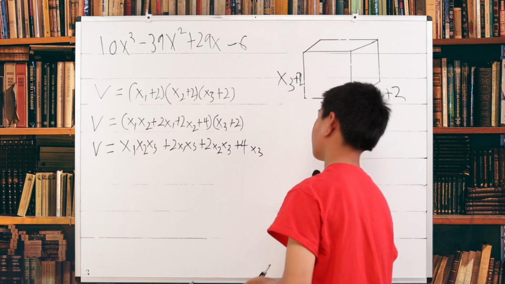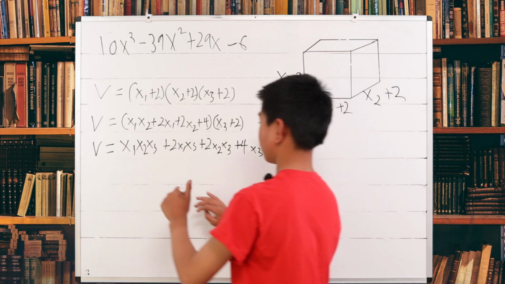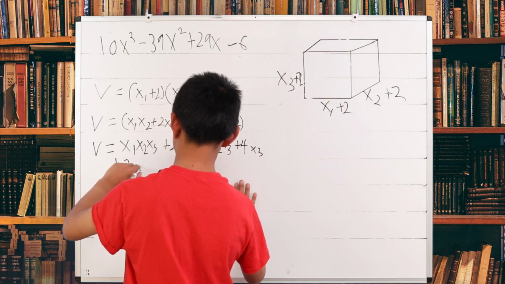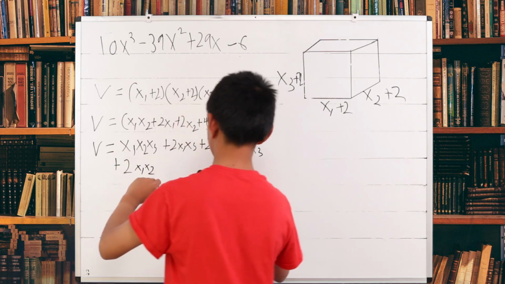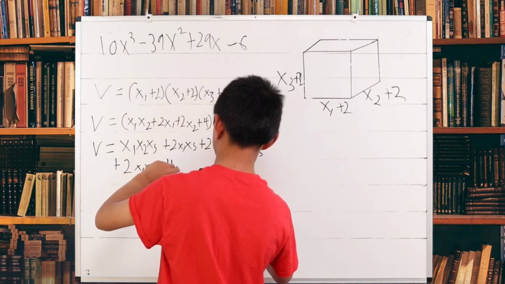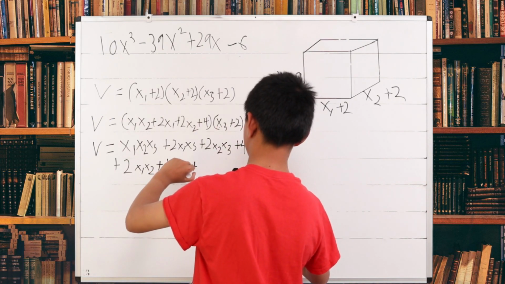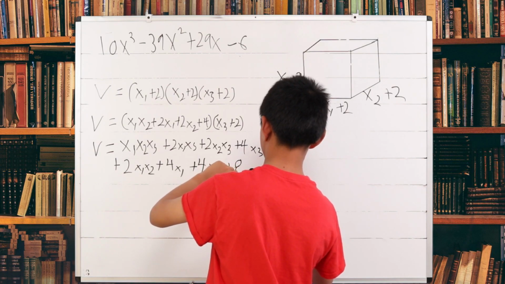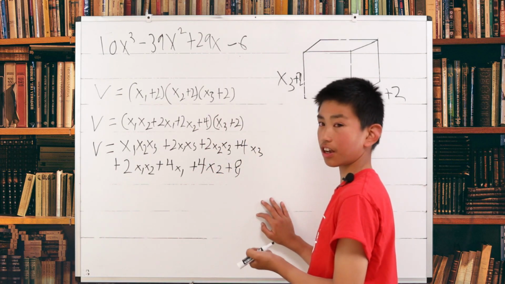That's the first term being multiplied. Now we do the 2. So it's now plus 2 times x1 times x2 plus 4x1 plus 4x2 plus 8. Now we can factor things out.